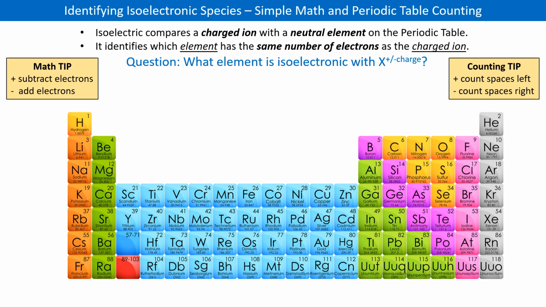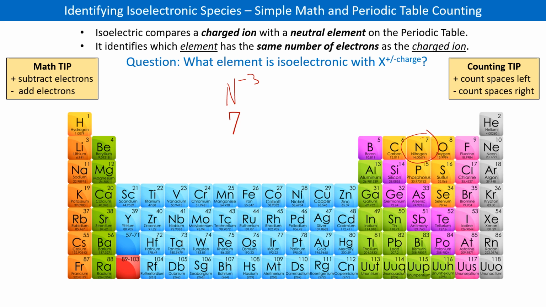All right, let's start with N minus 3. First, we know we're looking at N minus 3. So I go to the periodic table and I find N. When I find N, I write down its atomic number, which is the count for the neutral electrons.